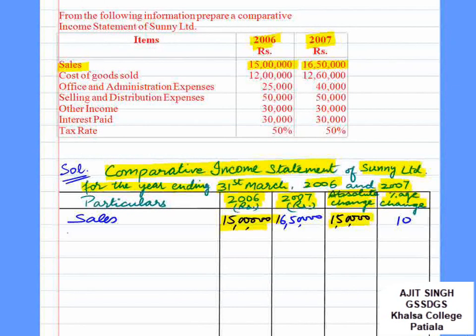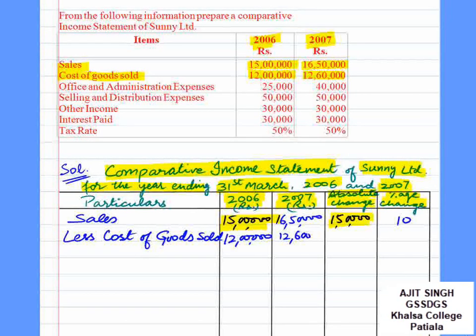We have to deduct cost of goods sold. Cost of goods sold is given in the problem. It is 12 lakhs and 12 lakh 60,000 for the year 2006 and 7 respectively.